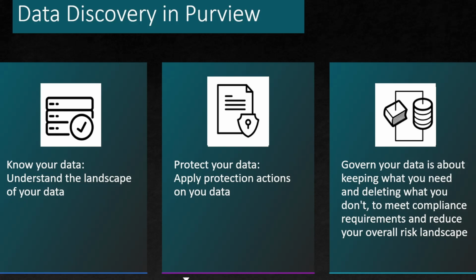Now, on the other hand, records management focuses on maintaining records for legal, regulatory, and operational purposes, ensuring that critical information is preserved in an unalterable state for as long as it is necessary.